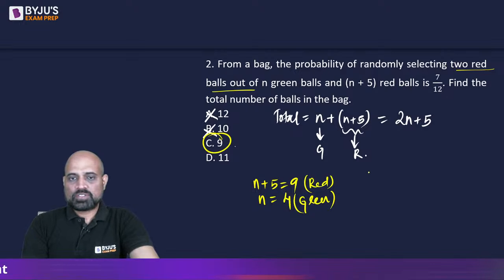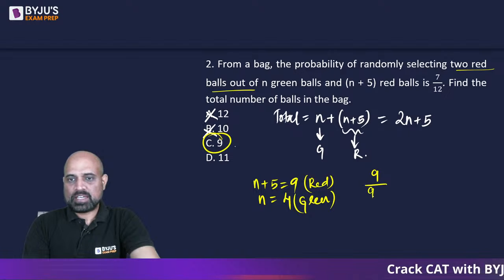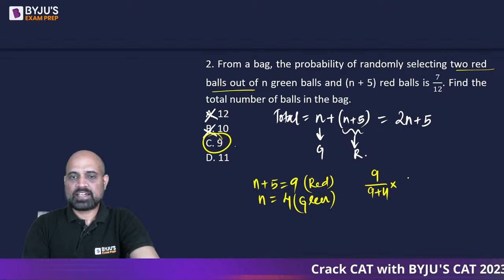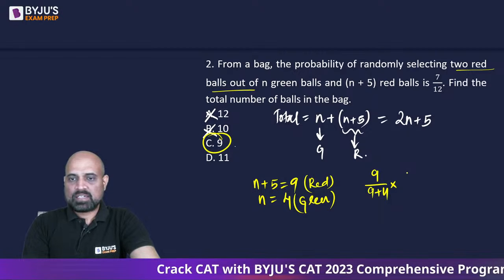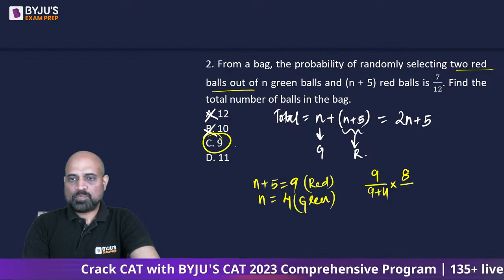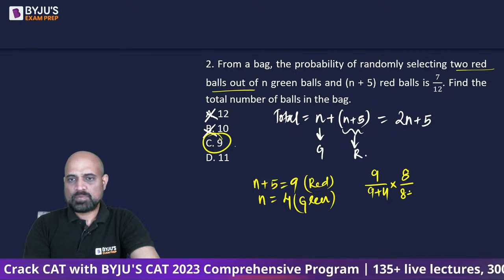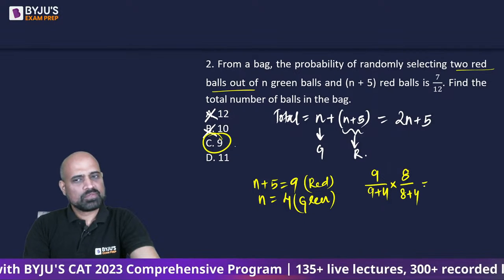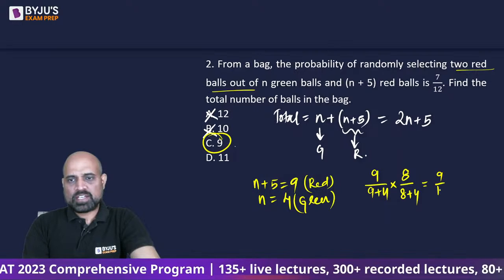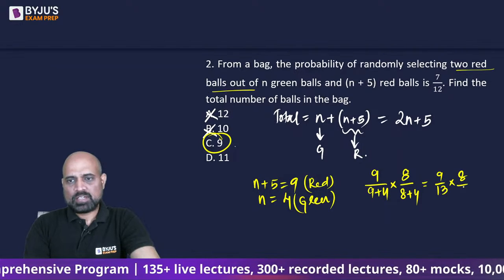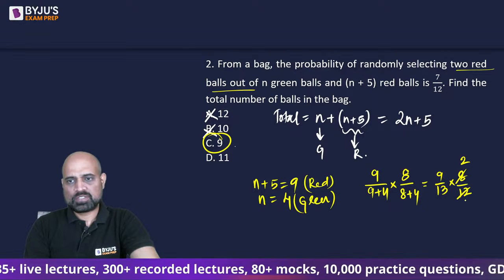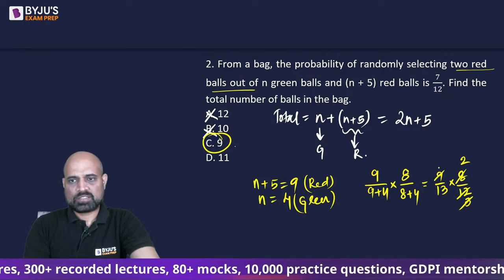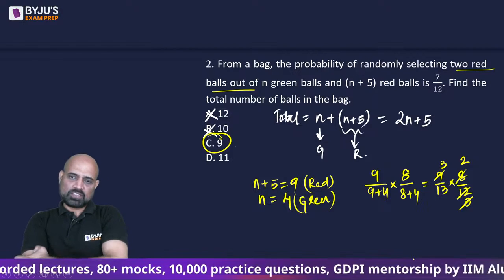So 2 red balls can be selected: the first red ball can be selected in the way 9 by 9 plus 4, and the second red ball can be selected as 8 upon 8 plus 4. So this will result in 9 by 13 into 8 by 12. So this is 2, this is 3, this is 3. So this turns out to be 6 by 13.